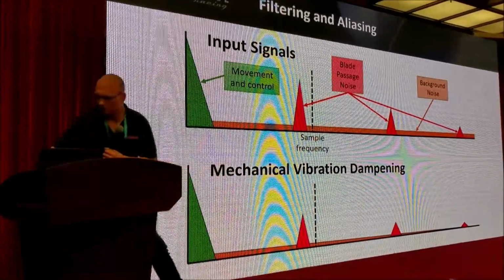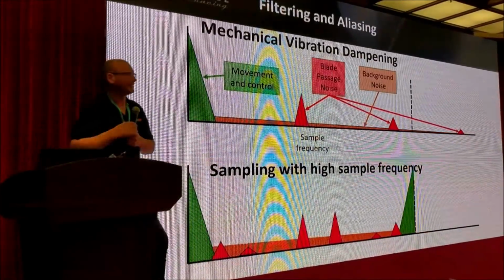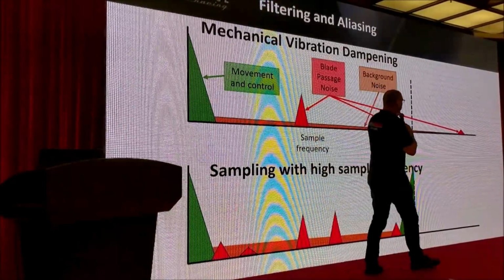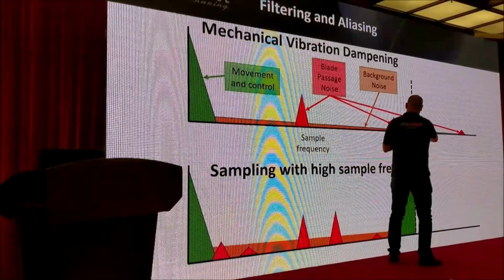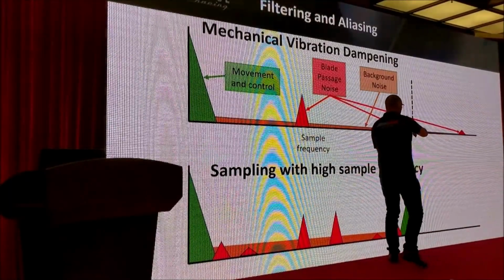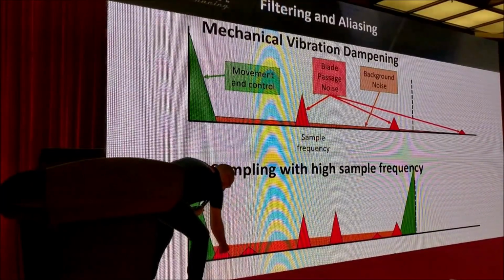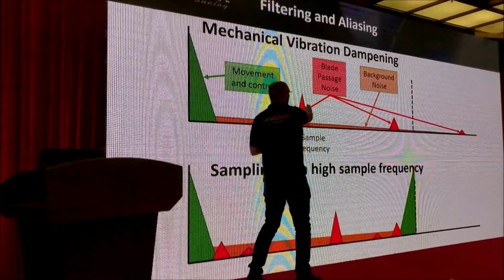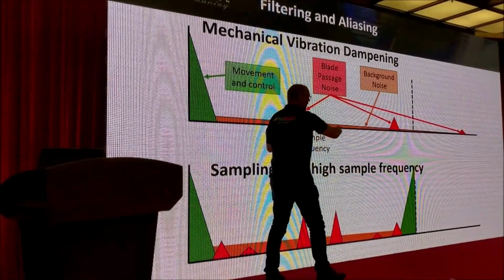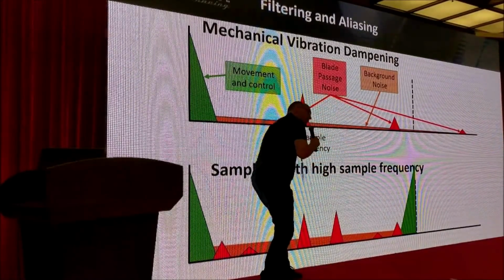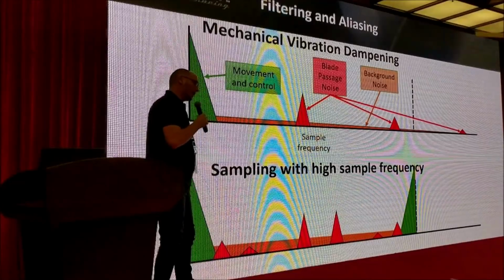Oops, I went the wrong way. So now, you can see because my sampling rate is up here, this signal has appeared down here still, but this big, strong signal is a long way up at a higher frequency and out of my control bandwidth.